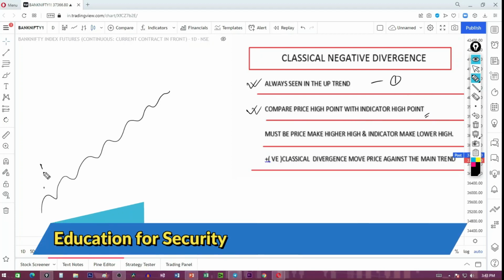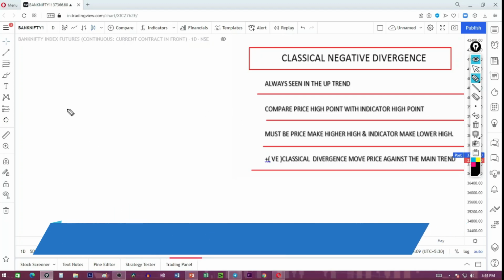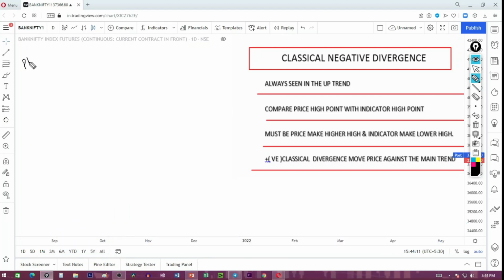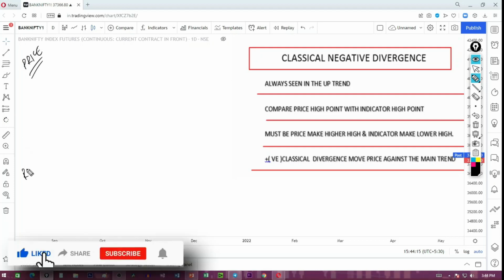So this is our price, and we have to draw the indicator. Let me draw it. First price, then RSI. Price goes up, RSI also goes up.